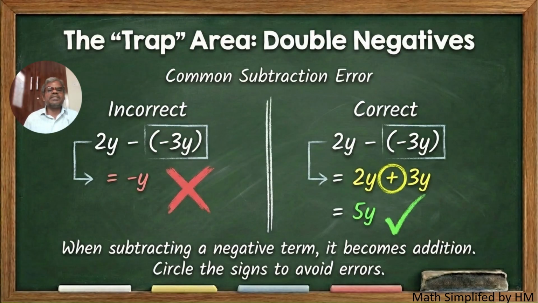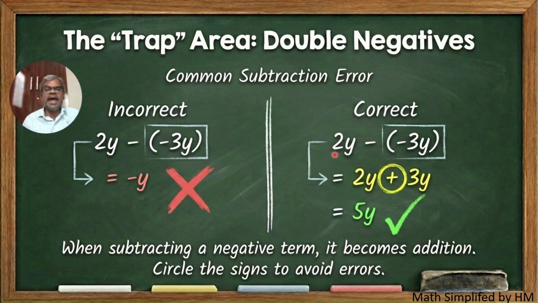Now, see the traps where we can make mistakes with double negatives. Common subtraction error: 2y minus into minus 3y is equal to minus y. If you write like this, then it is incorrect because you have not considered the minus sign in between.